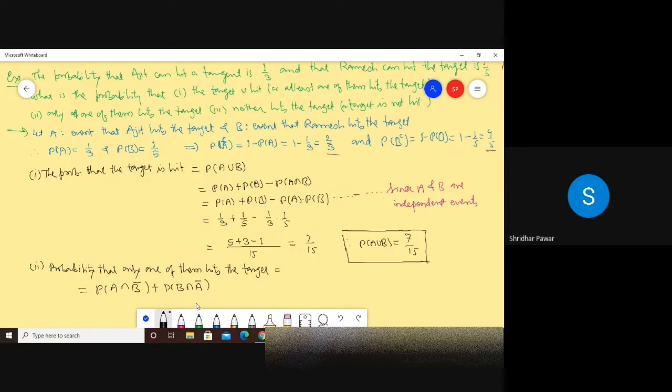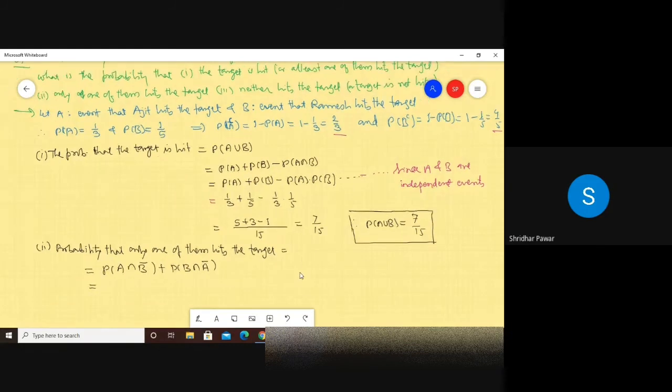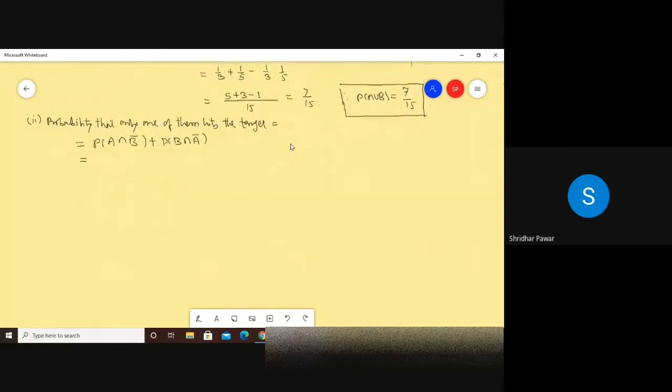Now see, how are these two events? These two events are independent. Okay, so this is equal to P of A into P of B bar.